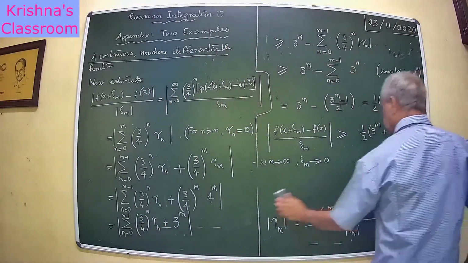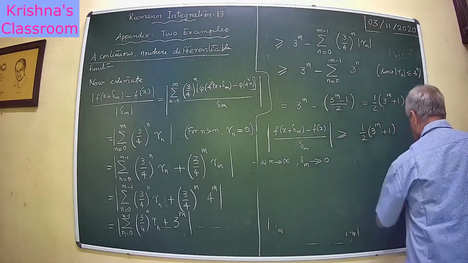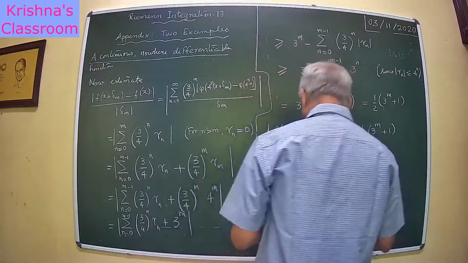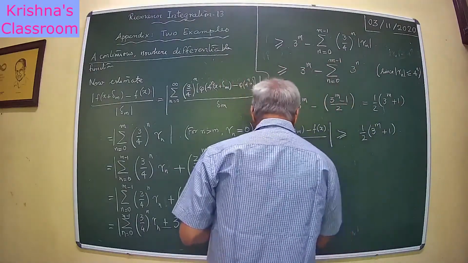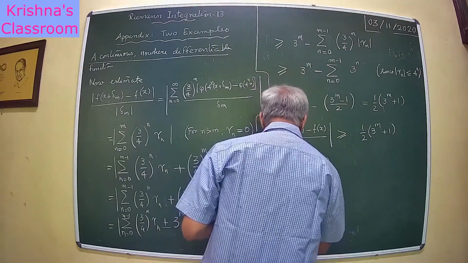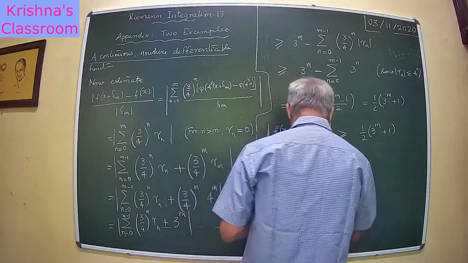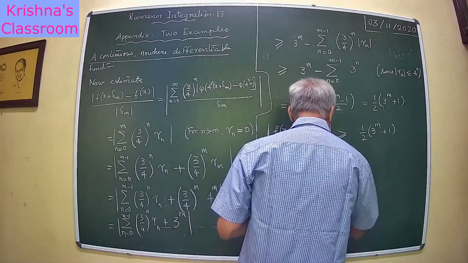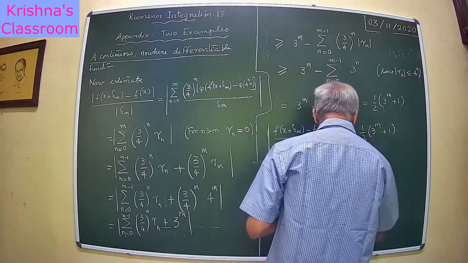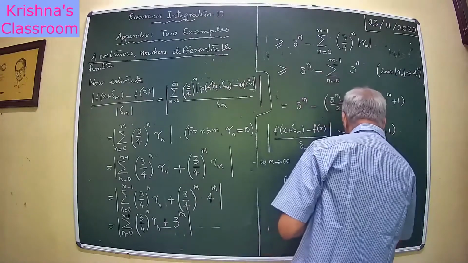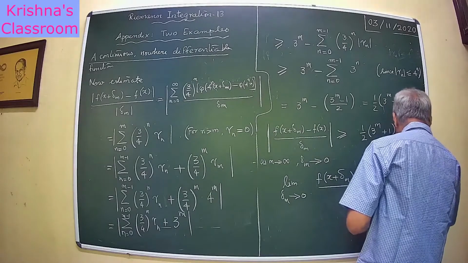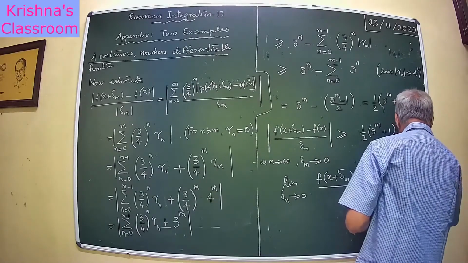Therefore, if you go for the derivative of this, therefore the limit does not exist.